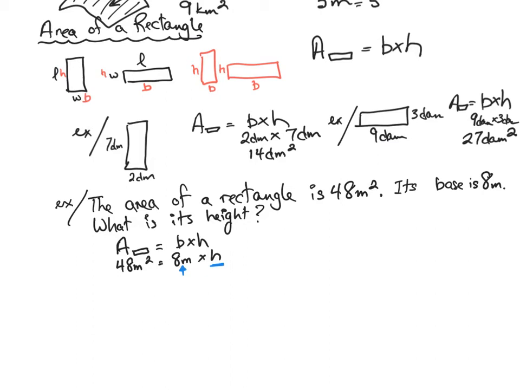I divide this side by 8 meters. But whatever I do to this side, because of the equality, I have to do to the other side. So I divide the other side by 8 meters. What I'm left with here is my height, and then I just divide 48 meters squared by 8 meters, and I'm left with 6 meters as the height.